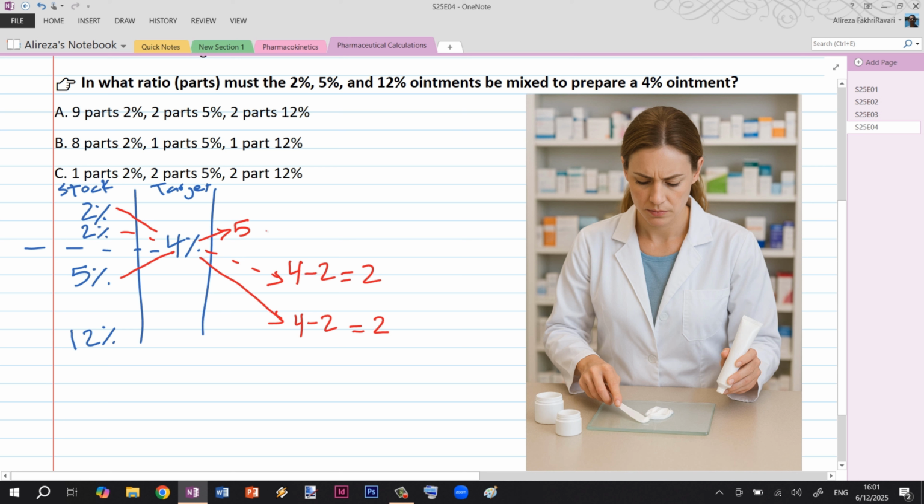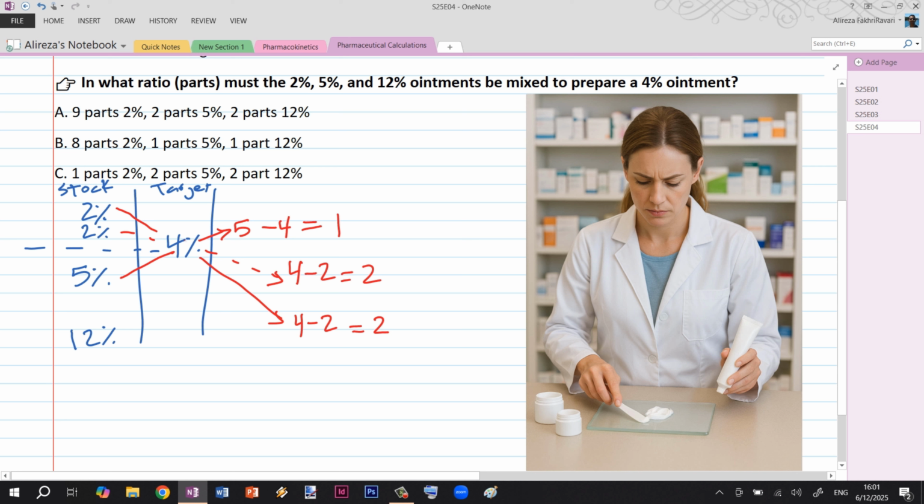So this one is 5 minus 4. You just get the absolute value of the difference between these two, so it doesn't matter if you put 4 first or 5. Even if you said 4 minus 5 is -1, you take the absolute value of it, so it's always a positive number. So 5 minus 4 is 1.